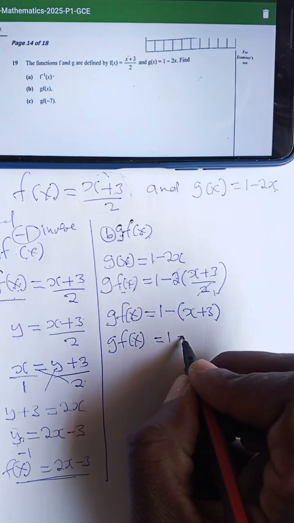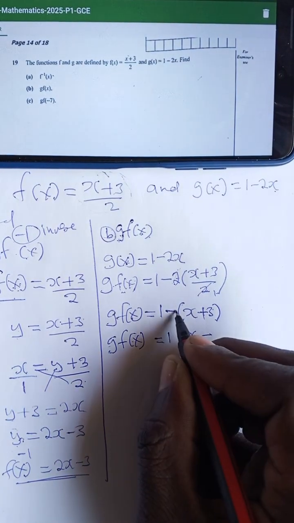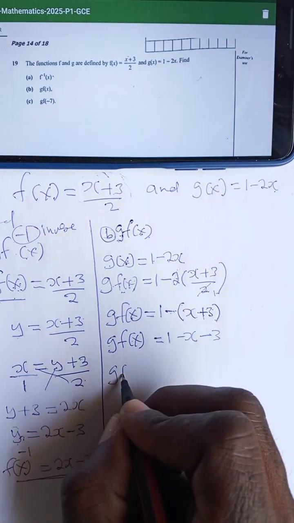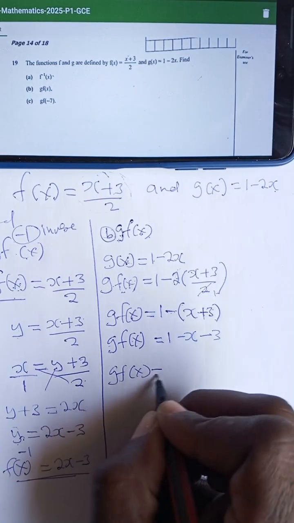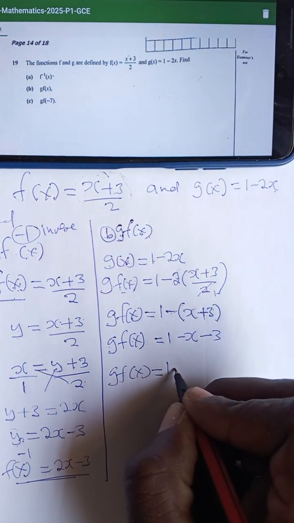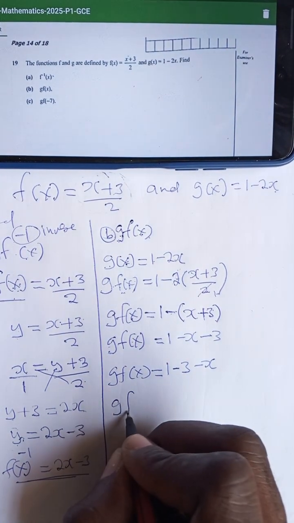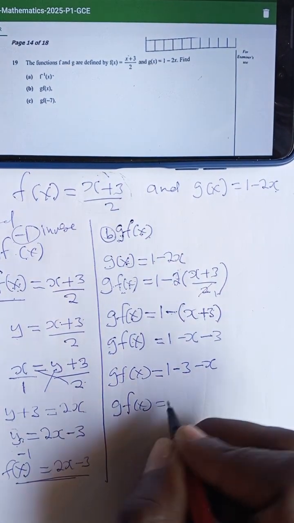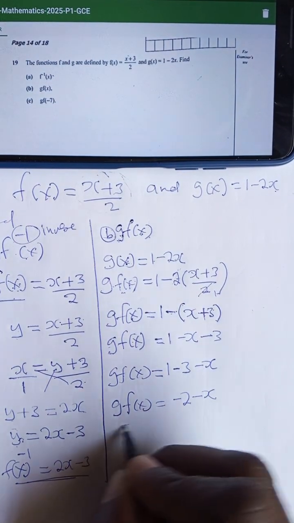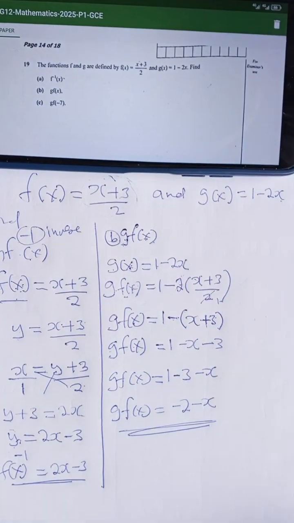Negative times x gives negative x, and negative times positive 3 gives negative 3. We group the like terms: 1 minus 3 minus x, which gives gf of x equal to negative 2 minus x. This is the answer for question 2.